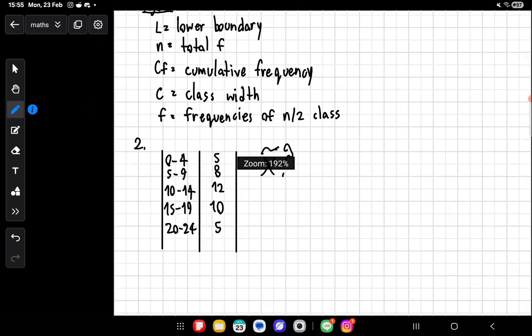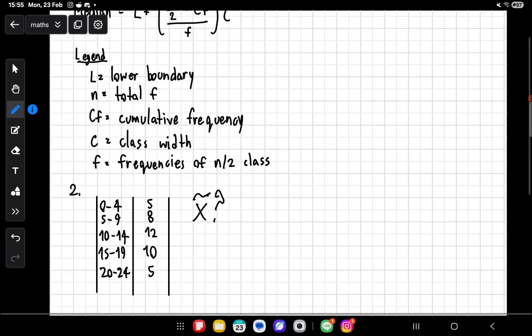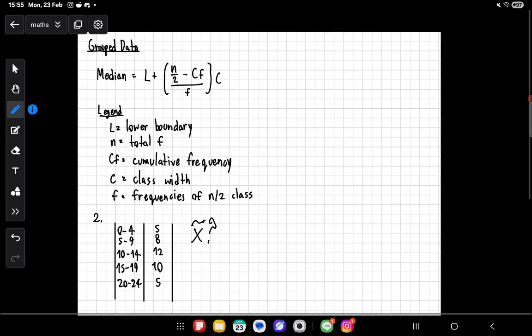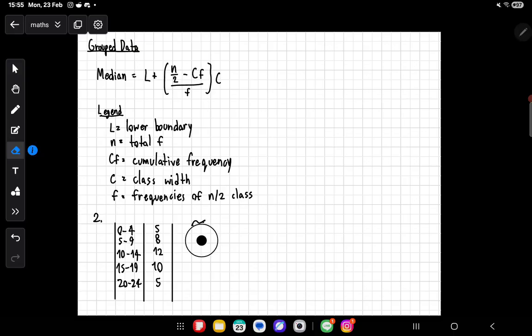Yes, pause the video. Get your solution and your answer. I'm gonna zoom out so you can see the formula as well, in case you forgot about it. Okay. Now, if you've paused the video, gotten your solution, and your final answer, let's see if it's correct.